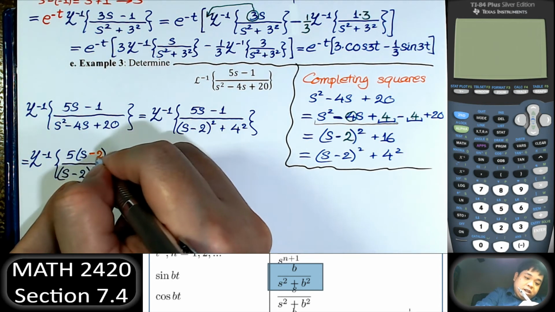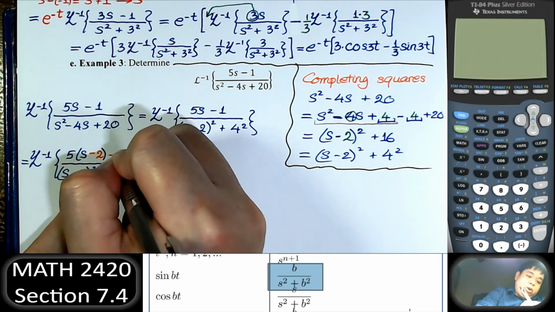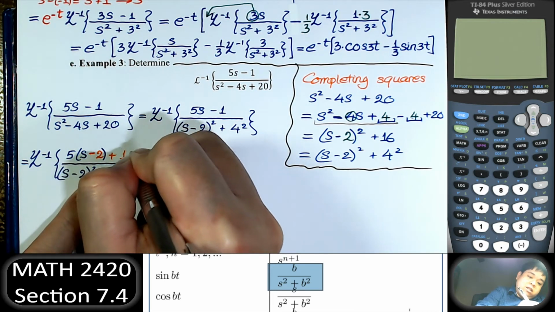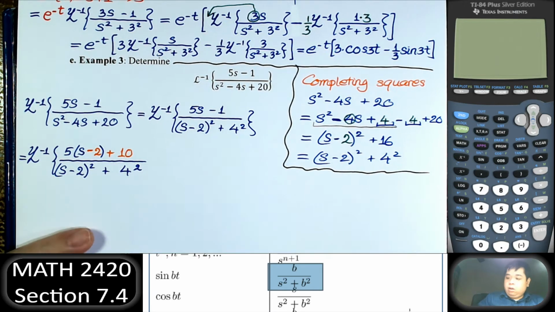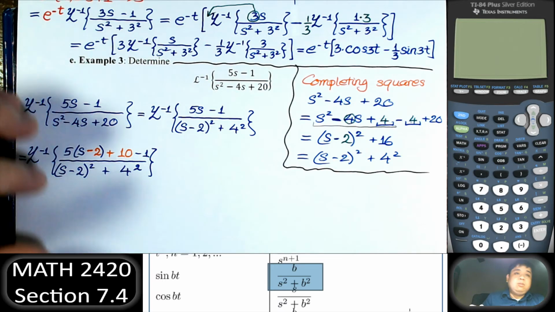If we subtract 5 times negative 2, so that is minus 10, we have to plus 10 to keep things balanced. Then minus 1.